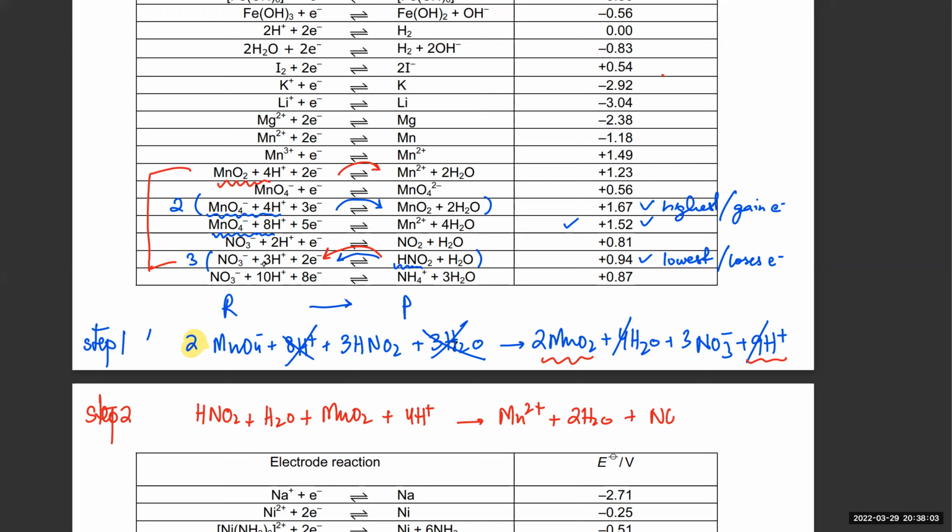Sir, why would MnO2 react again? Because once MnO2 is formed, MnO2 still has a higher potential compared to this nitrous acid. This is the lower potential. So let's assume the first reaction has already happened.